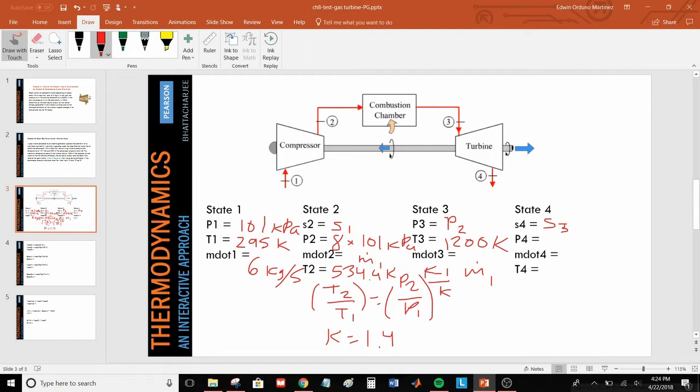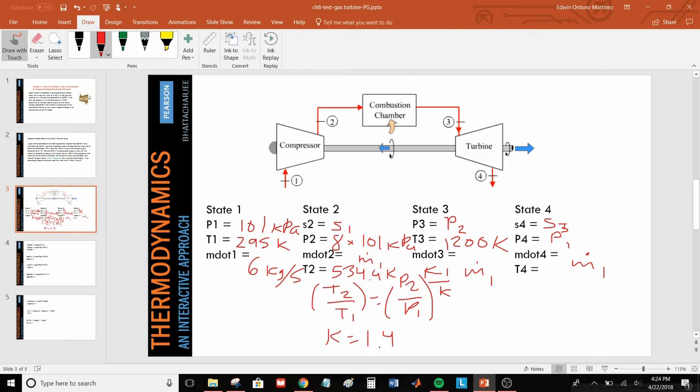Pressure at state 4 happens in the constant pressure heat rejection. Therefore, the pressure is the same as the pressure in state 1. Mass flow rate also remains the same as state 1.